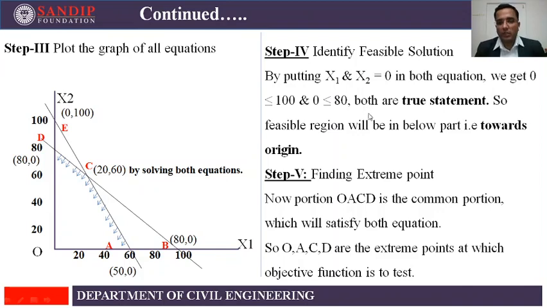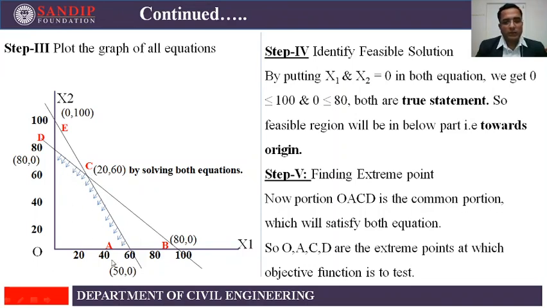Both the statements are true, so the feasible solution will be on the side towards the origin, as the arrow shows.